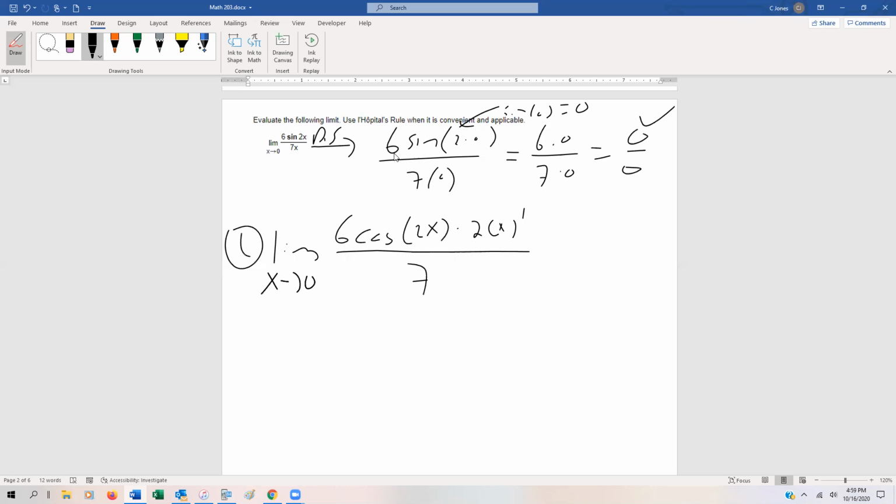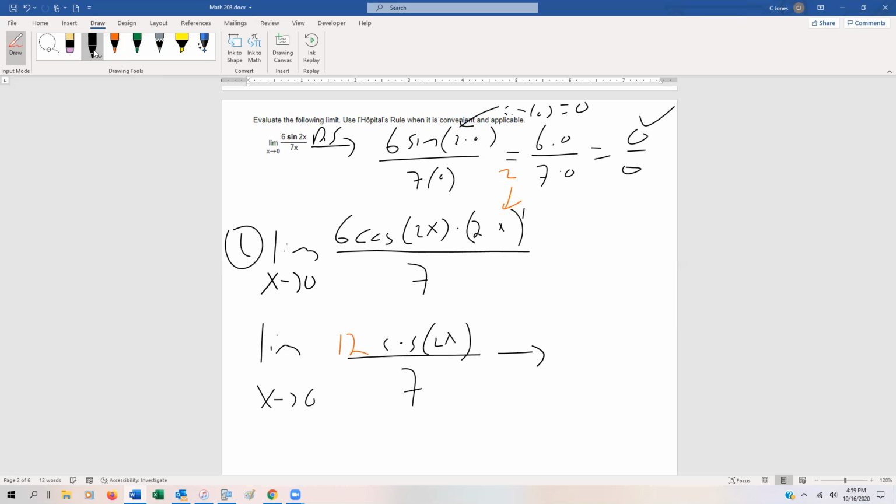We know that the derivative of the entire quantity 2x is 2. All right, so that's a 2 right here. And we're just going to multiply the 6 times the 2 to get 12. So we're going to get 12 cos of 2x over 7.